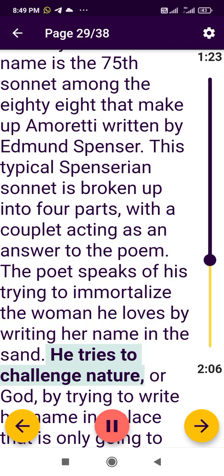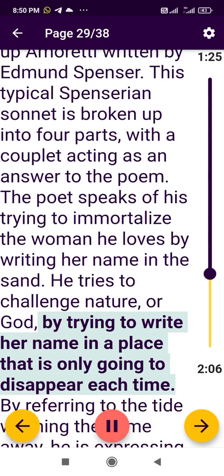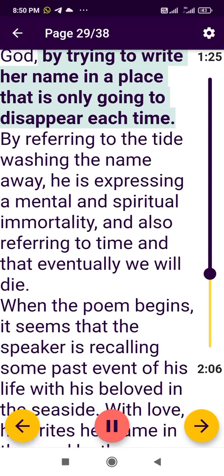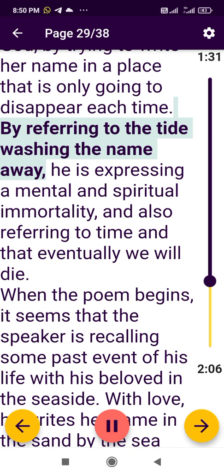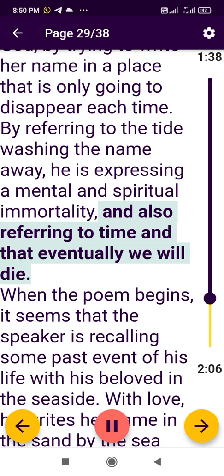He tries to challenge nature, or God, by trying to write her name in a place that is only going to disappear each time. By referring to the tide washing the name away, he is expressing a mental and spiritual immortality, and also referring to time, and that eventually we will die.